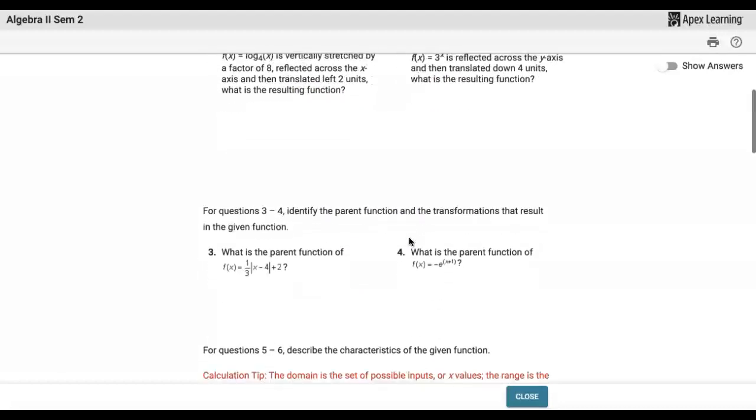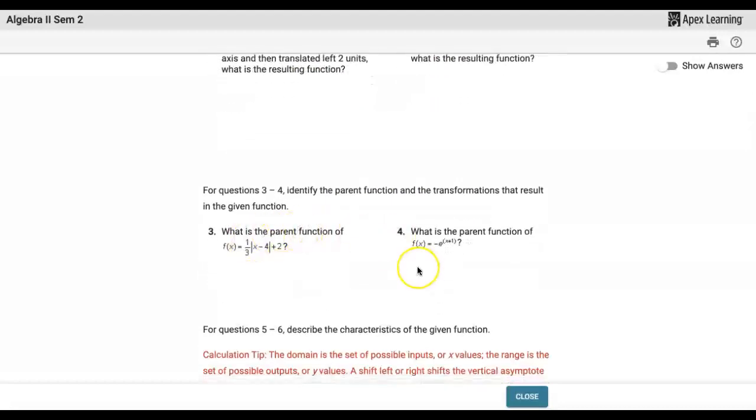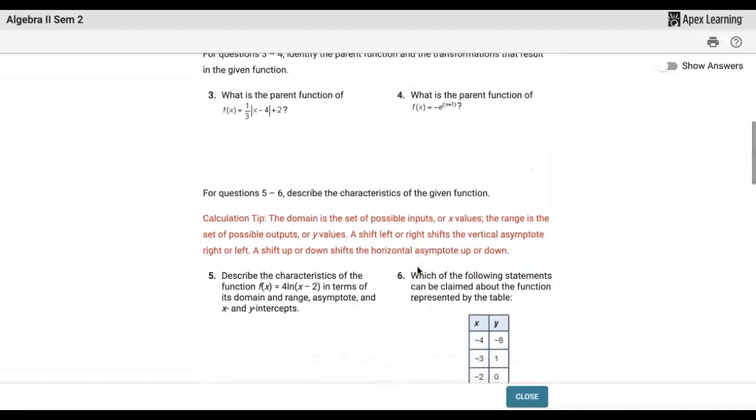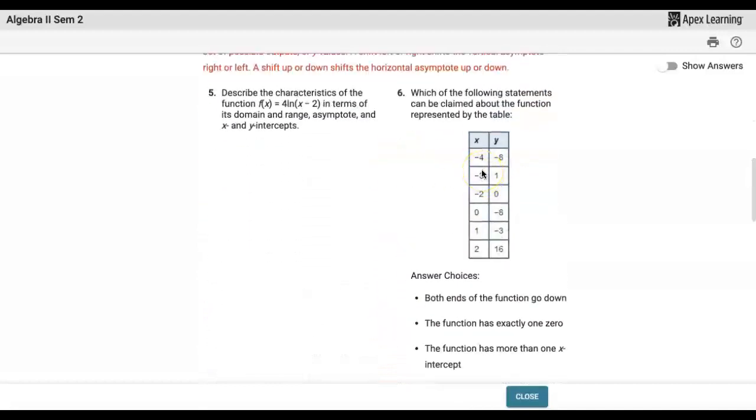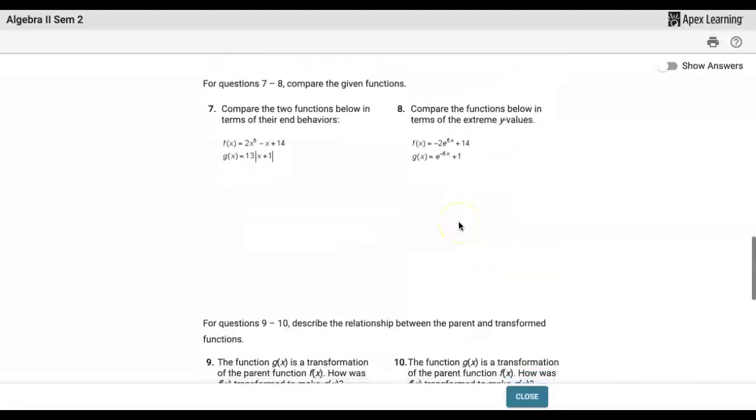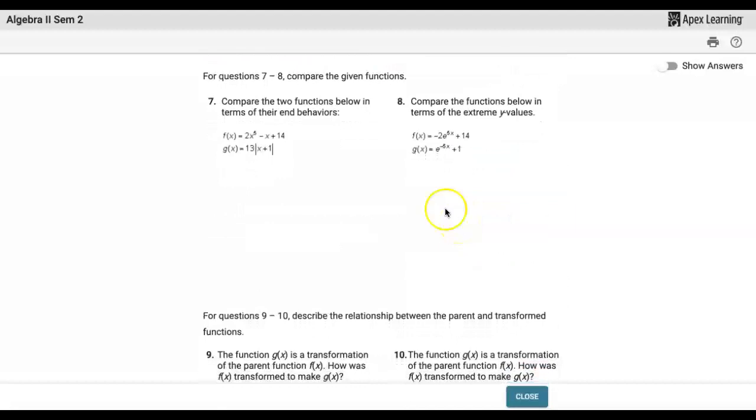Then here, of course, what's the parent function? What does that do to the graph? Now we're looking at things in terms of asymptotes and in terms of our table values. Then looking at the end behaviors or the extreme values for different functions, being able to compare and contrast them.